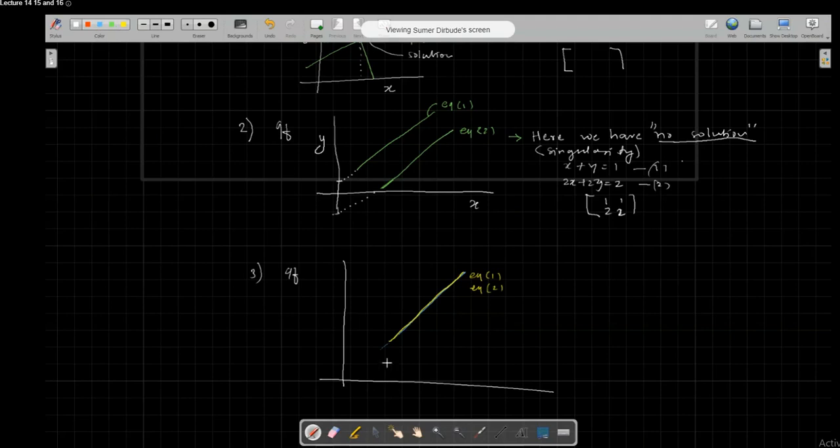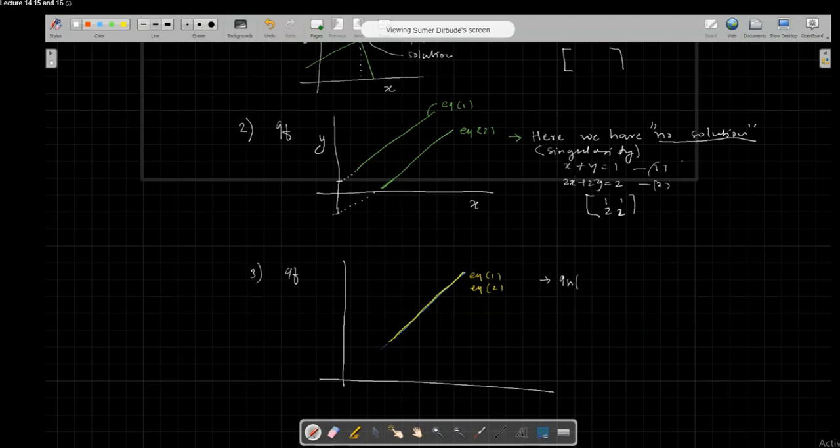This means that they are intersecting each other, but there are infinitely many solutions. This is also the case when you have a linear combination where you have multiplied the first equation by 1, so the second equation remains the same.